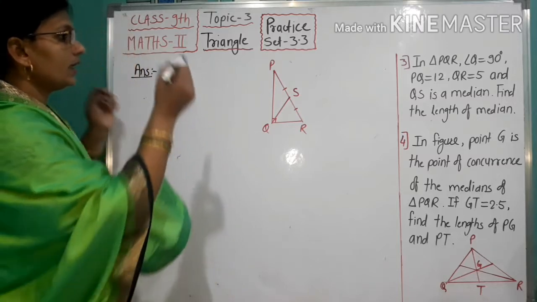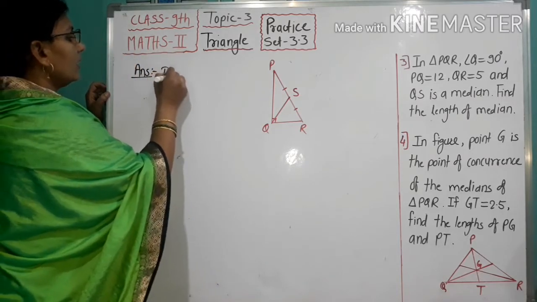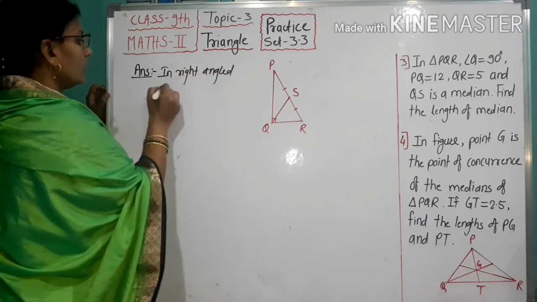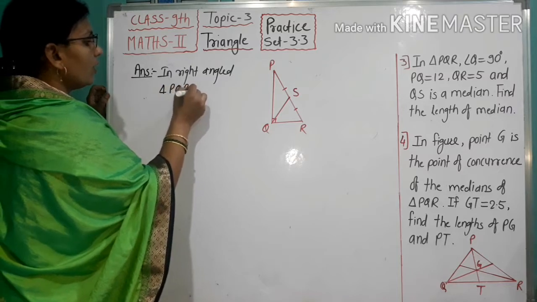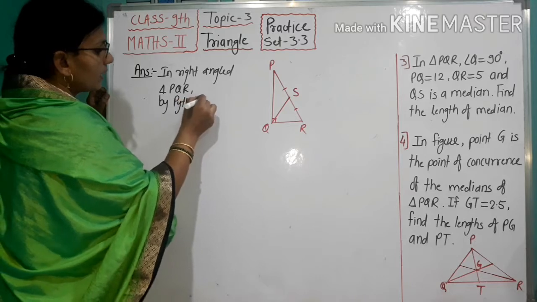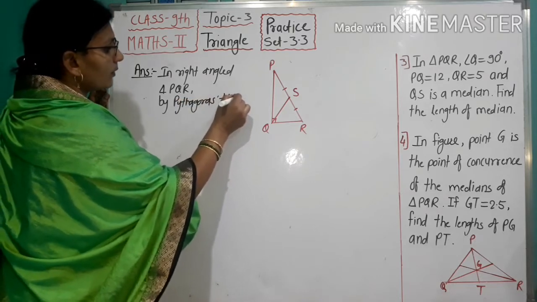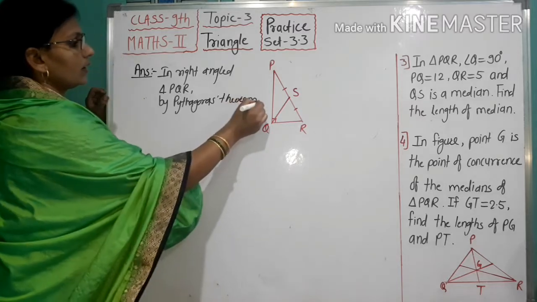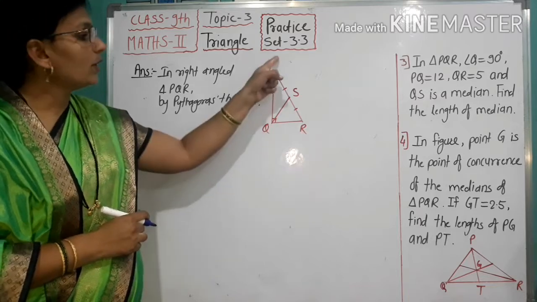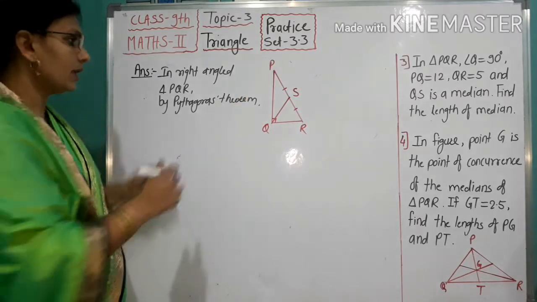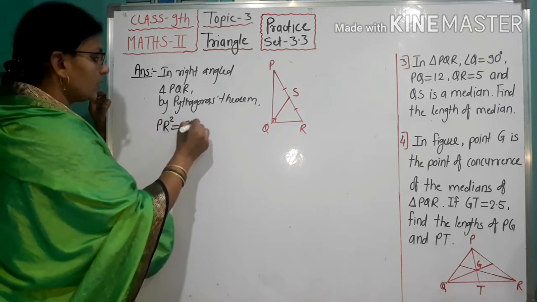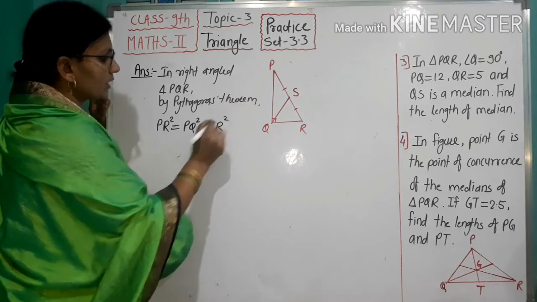Here triangle PQR is a right angle triangle. In right angle triangle PQR, by Pythagoras theorem, PQ square plus QR square equals PR square. So PR square equals PQ square plus QR square.